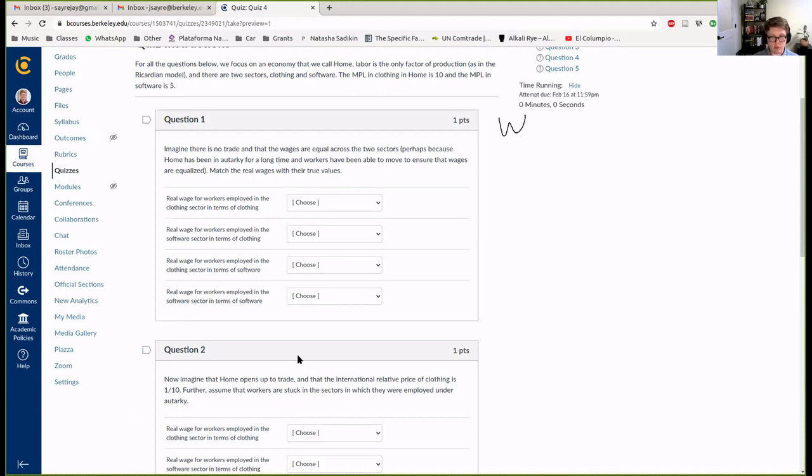We assume that when home opens up to trade, workers are stuck in the sectors. And so in particular, workers working in clothing might not be making the same wage as workers in software. The reason is that when we have free labor mobility, if workers were earning more in one sector, they could just all move to that sector rather than the other. But when they're stuck, they cannot.